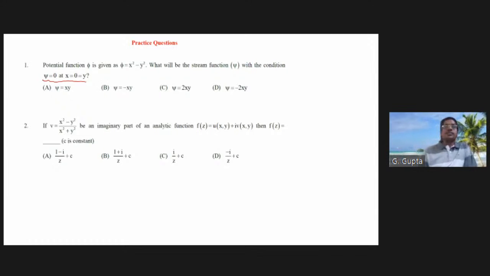They are asking for v. So psi is equal to question mark. According to the total derivative definition, d psi is equal to dou psi by dou x dx plus dou psi by dou y dy.